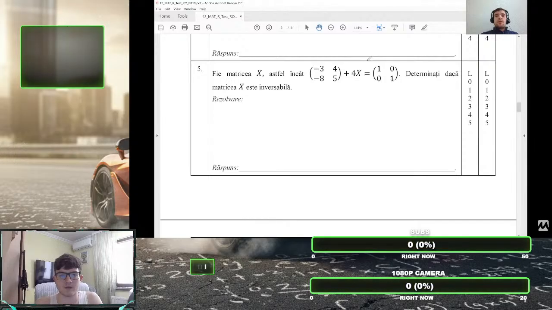So we have this X matrix. So you gotta understand if it's invertible. Invertible means that its determinant is not equal to 0, because if it's not invertible, it's equal to 0.